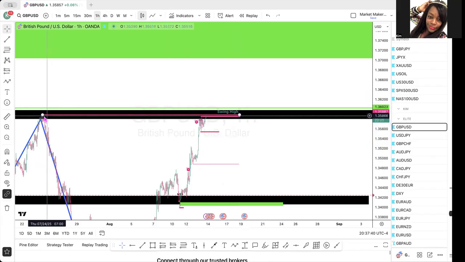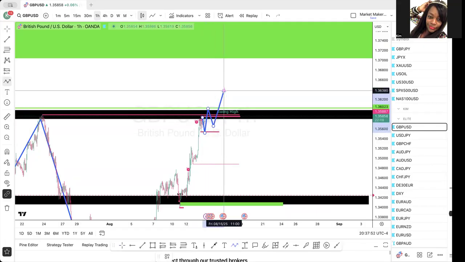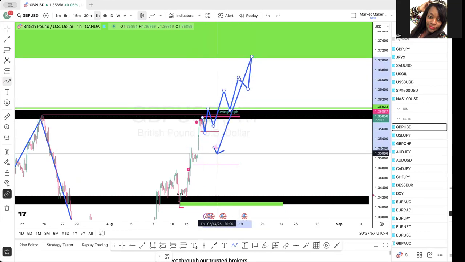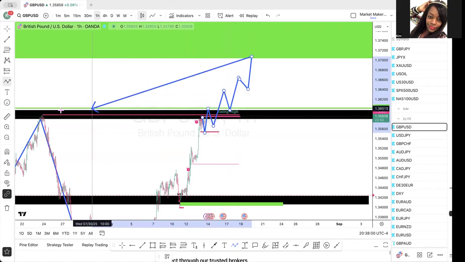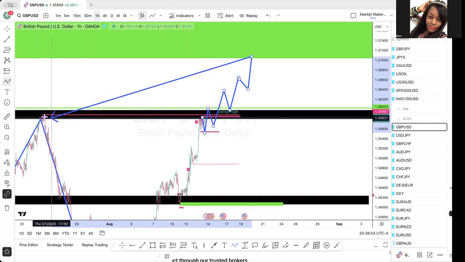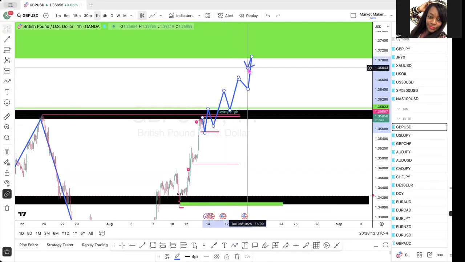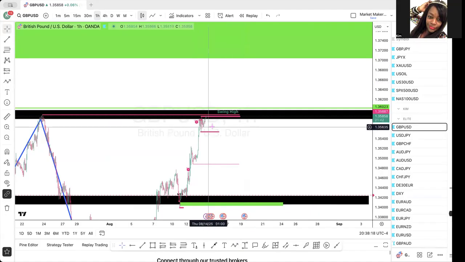But a closed candle above these highs for me means that price is giving me structure and could pull back and keep going. It doesn't even have to come back this far, because it showed me that it is going to keep going higher when and if it breaks above these highs. So we shall see what happens.